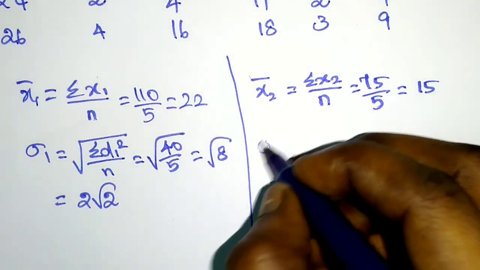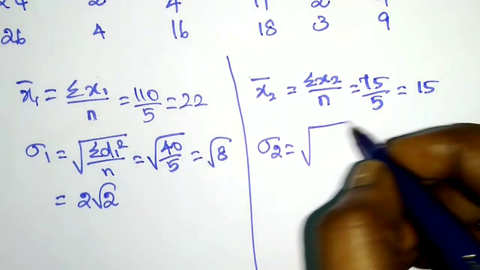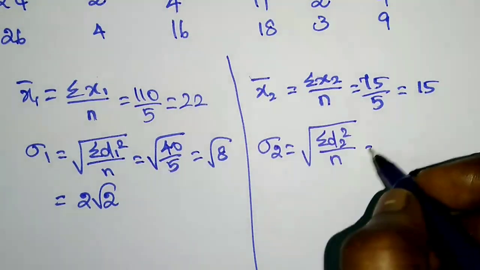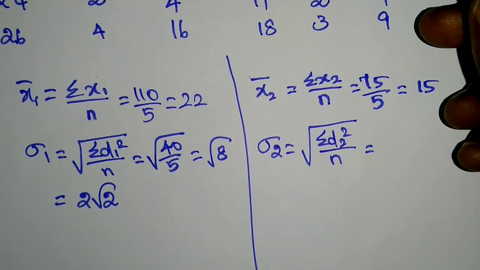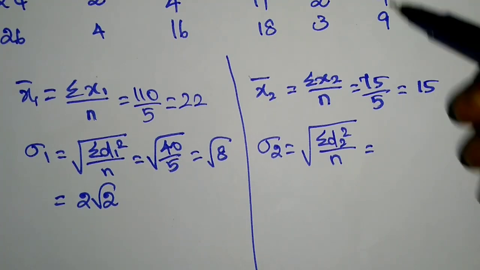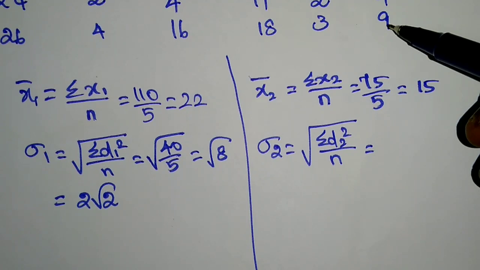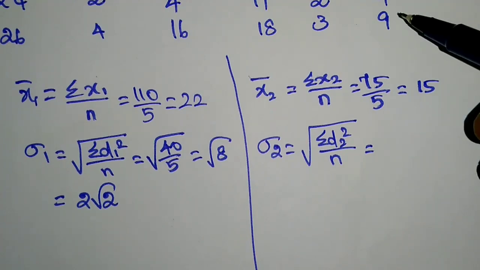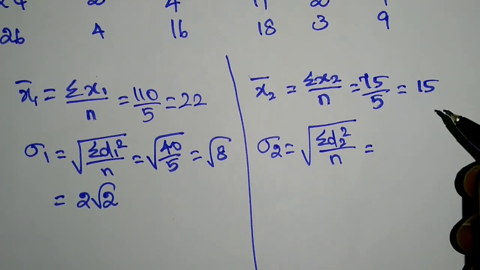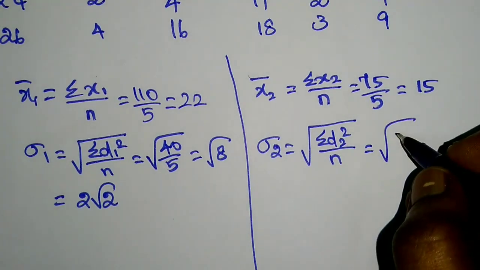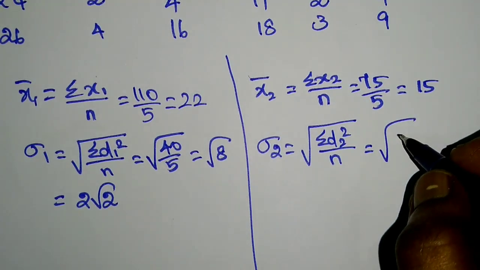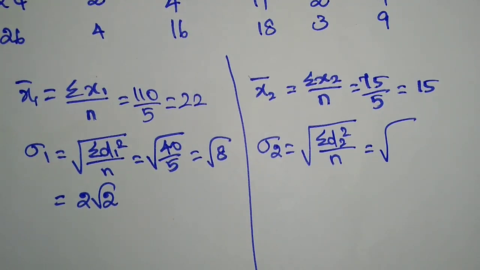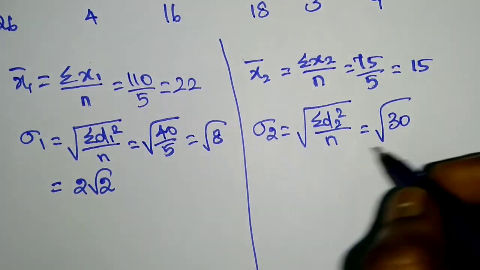Now sigma 2 is equal to root of summation d2 square divided by n. 16 plus 1 is 17, 17 plus 4 is 21, 21 plus 9 is 30. So root 30 divided by 5 gives sigma 2.